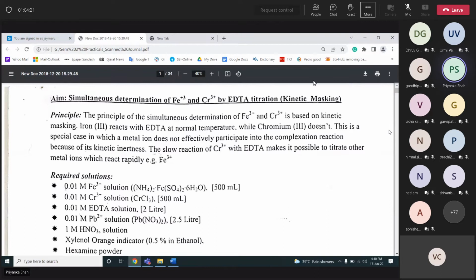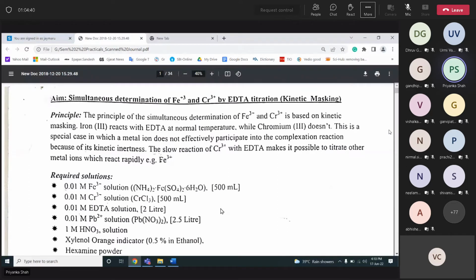So this is simultaneous determination. Is my screen visible? Yes, ma'am. Okay, so you can see this first practical.